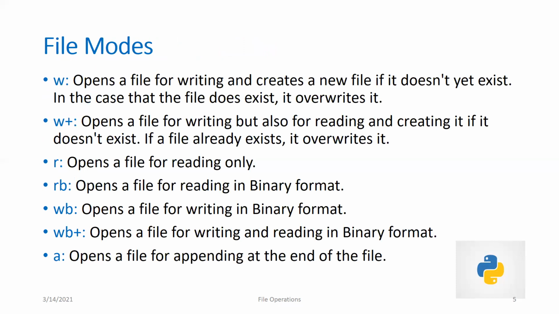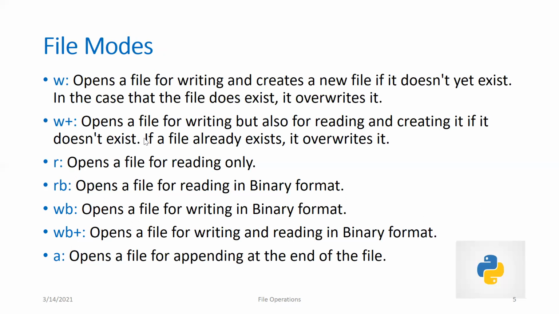There are some modes when we write a command to read or write a file, or do any operation on a file. Then we have to specify the file mode. There are several kinds of file mode, and some of them are listed here. File mode is a parameter in the command.